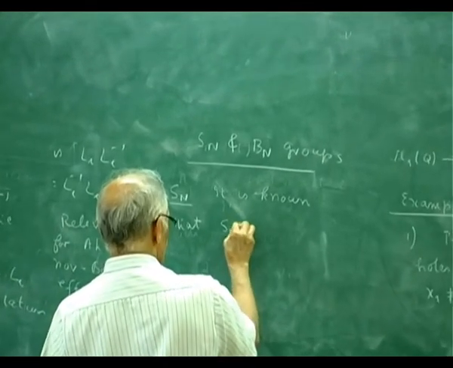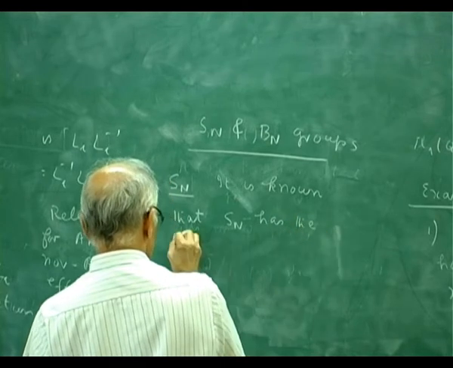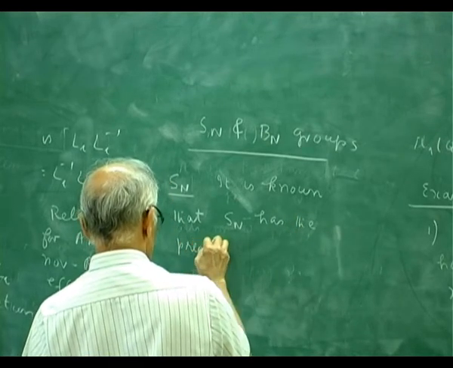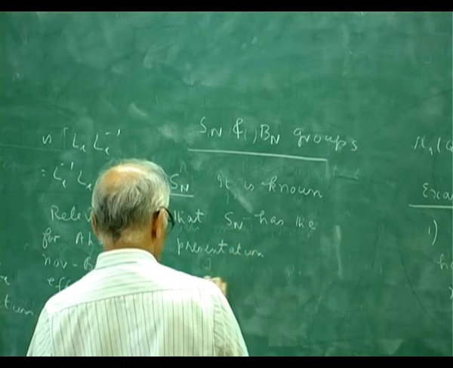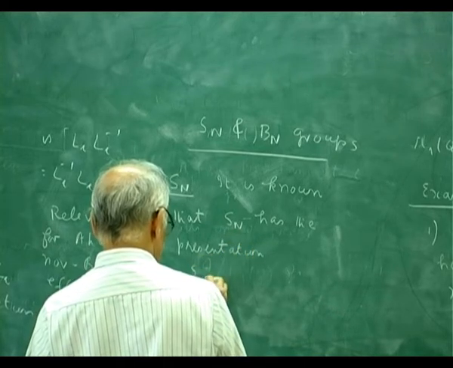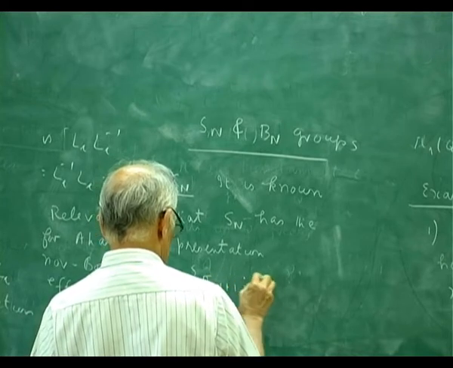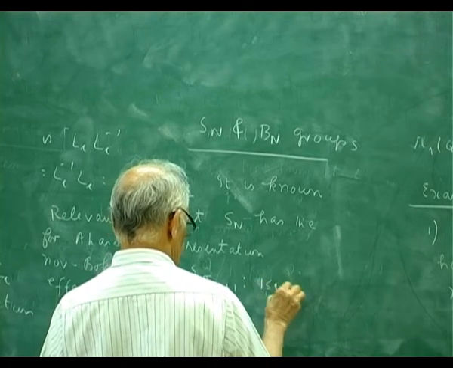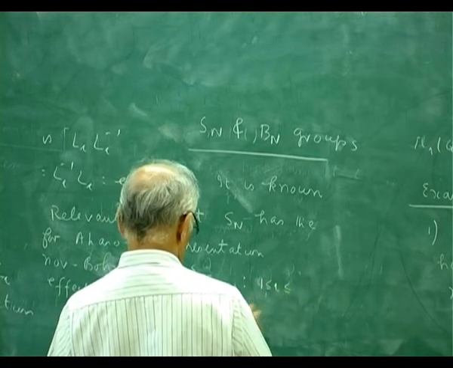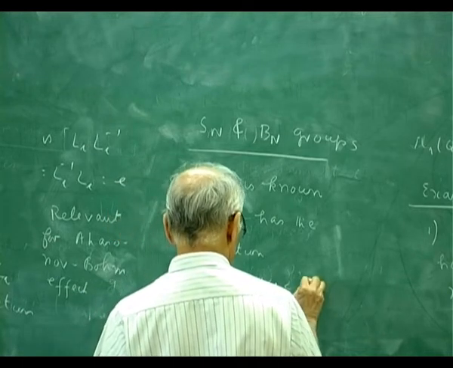S_n has a presentation. I'll tell you what I mean by presentation. Normally they write sigma_i, i going from 1 up to n minus 1.